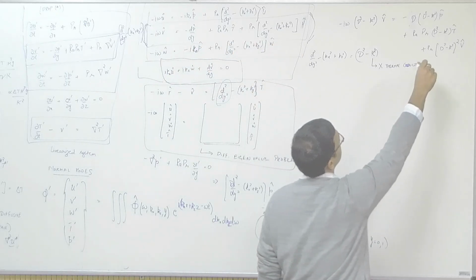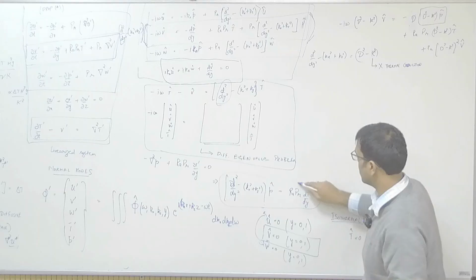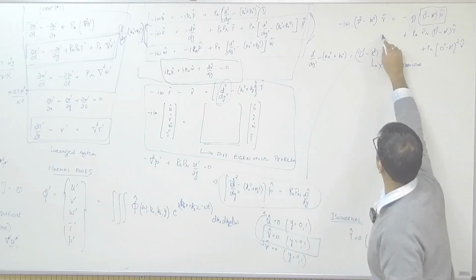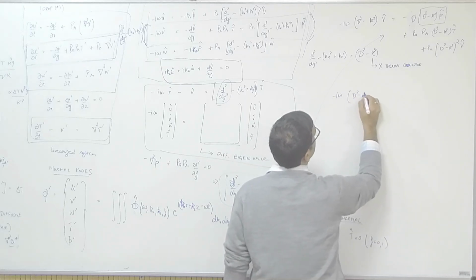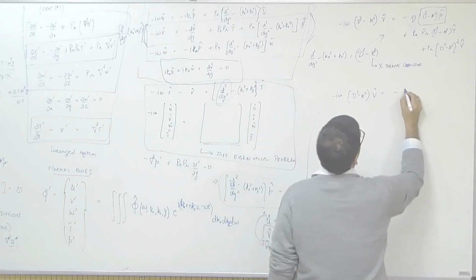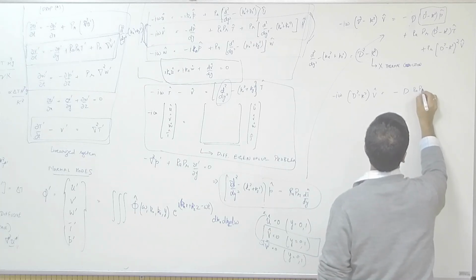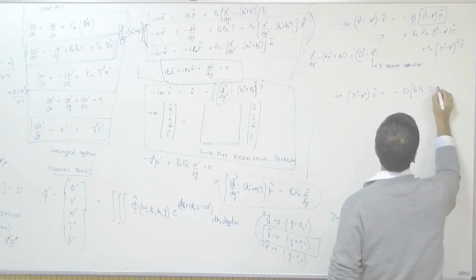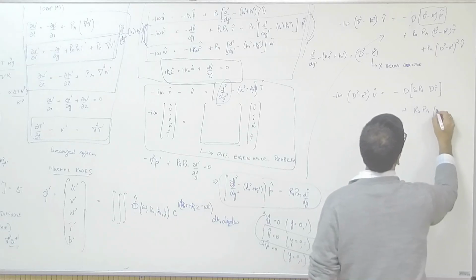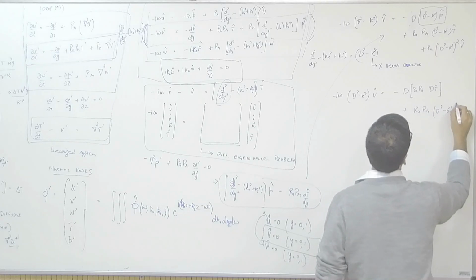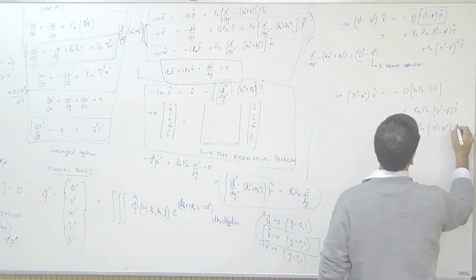And now you can see how we can substitute (D2 minus k square) p hat from here. You make this substitution and you will get minus i omega, so that is Ra into Pr into dT hat again, plus Ra into Pr (D2 minus k square) T hat plus Pr into (D2 minus k square) v hat.